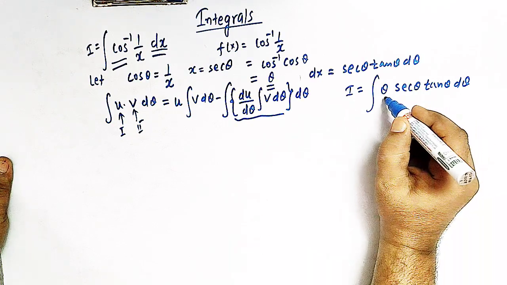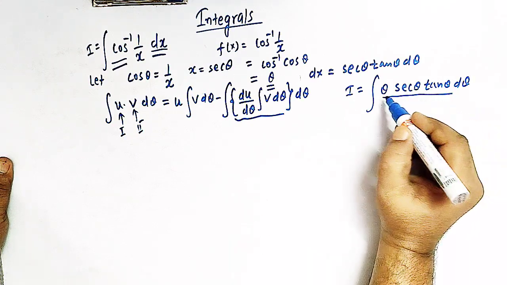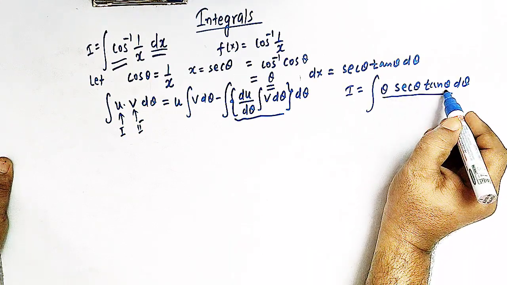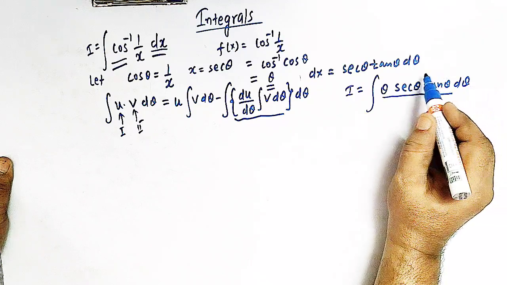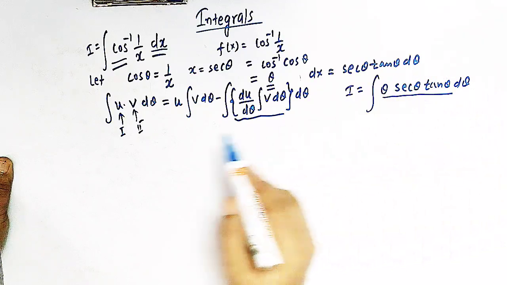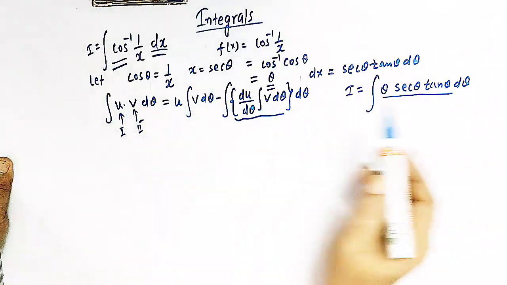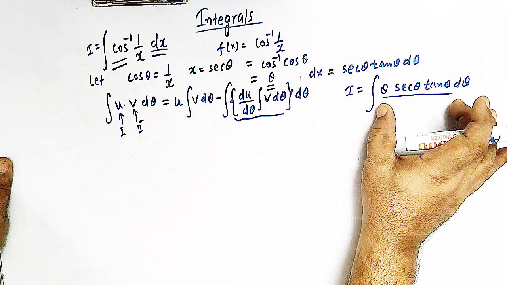Now our integrand is theta times secant theta tan theta. Let us frame u and v from this function.